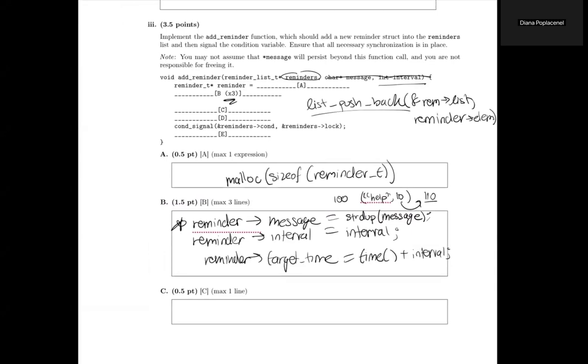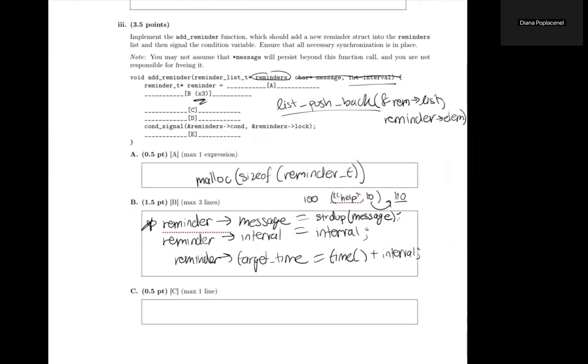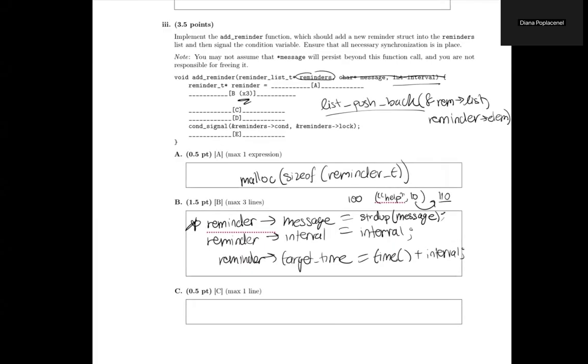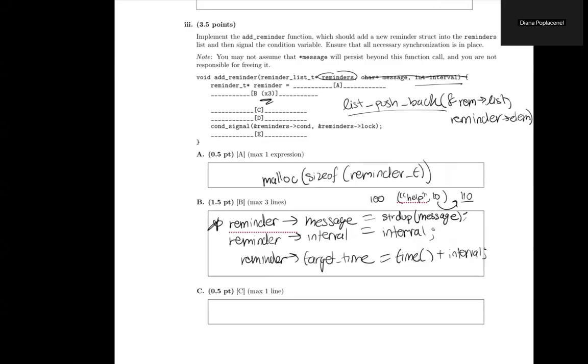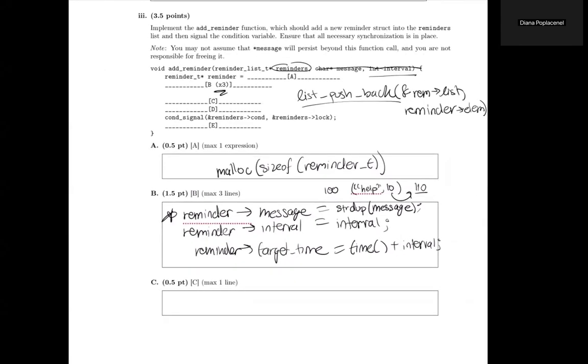And we also consider, are there any race conditions to pushing to this list? What if we're trying to add 2 reminders and we have 2 calls to add a reminder that may be interleaved? Is that possible? Well, we'll see if that is possible later on.